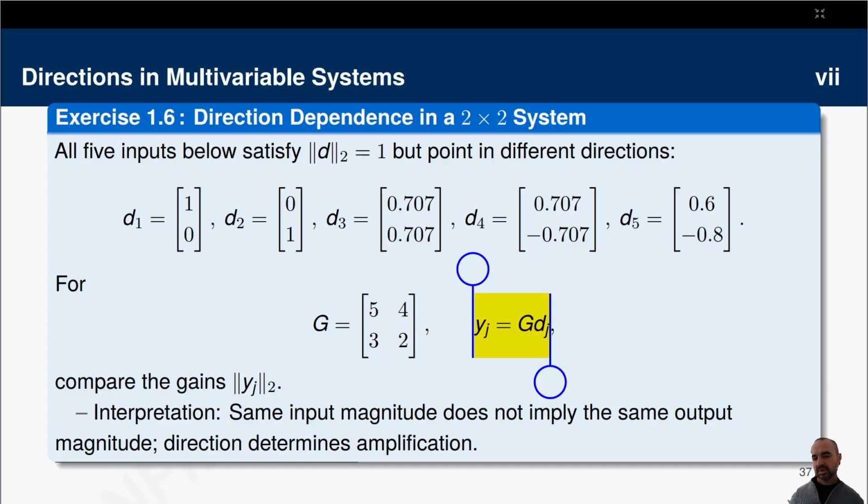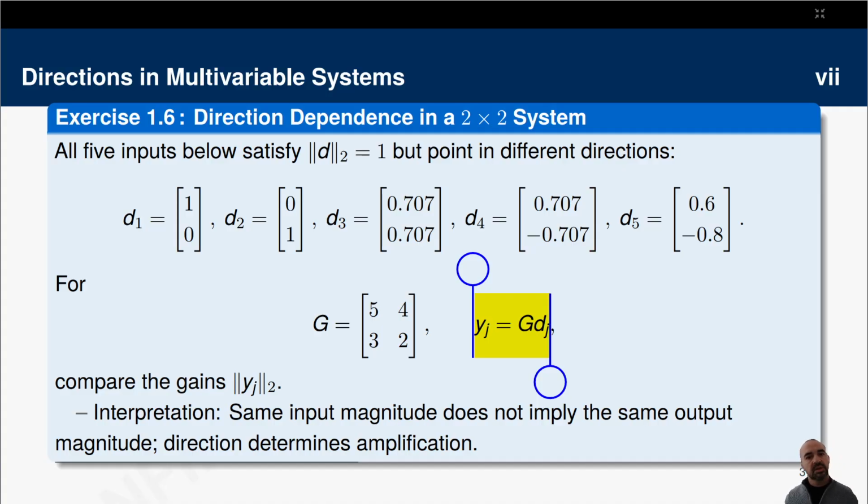In many physical systems, this corresponds to symmetric versus anti-symmetric modes. If you recall from your vibration modes, you did talk about symmetric and anti-symmetric modes.